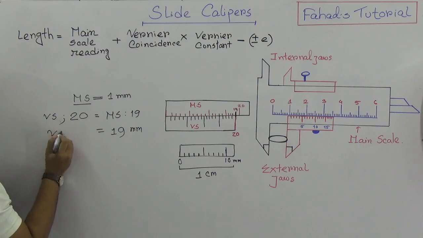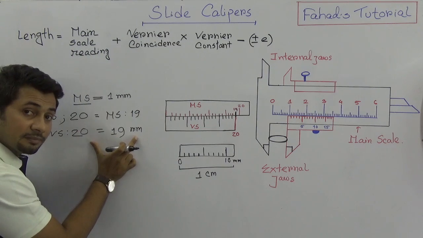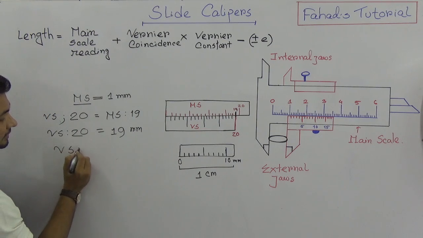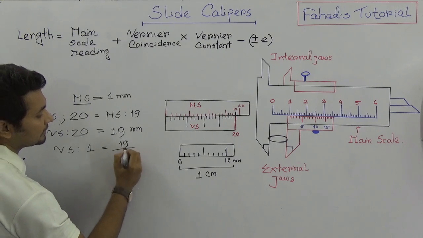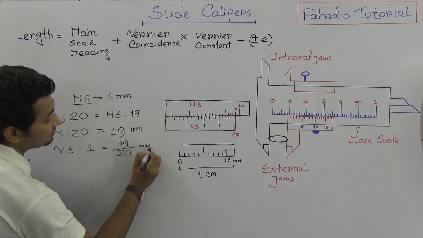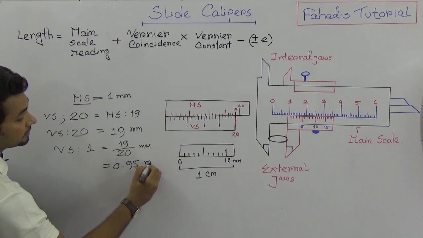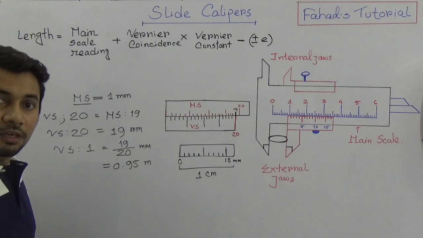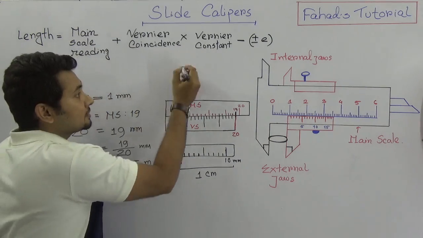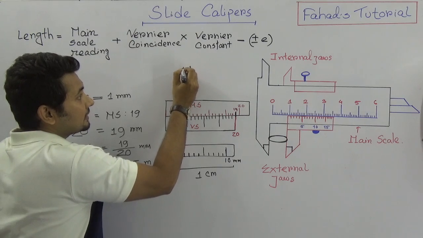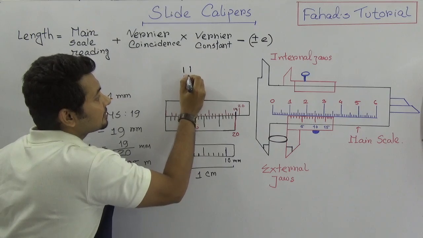So we can say that Vernier scale 20 spaces are equal to 19 millimeters, so Vernier scale 1 space is equal to 19 by 20 millimeter, which is actually 0.95 millimeter. So what we got is that 1 main scale space is bigger than 1 Vernier scale space.